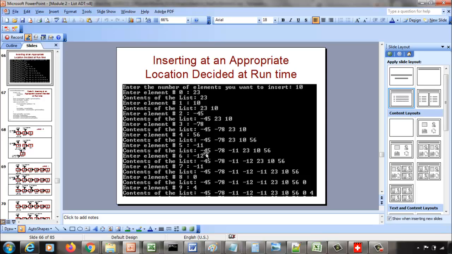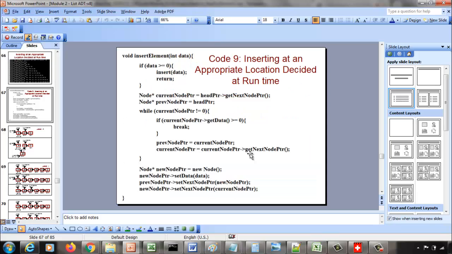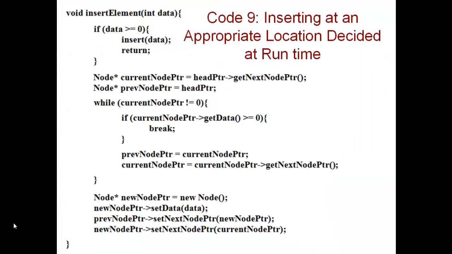So current node pointer will pass through all these nodes that have negative integers. The moment the data for the current node becomes positive, you have to break out from the while loop and insert the new data right there, in between the last negative integer and the first positive integer. That's why in this code you see, if current node pointer arrow get data is greater than or equal to 0, you break from this while loop.